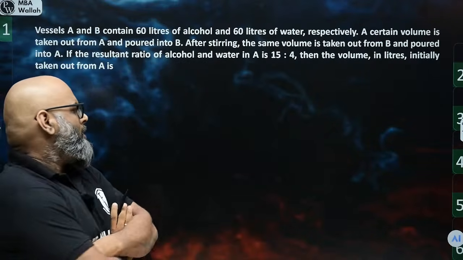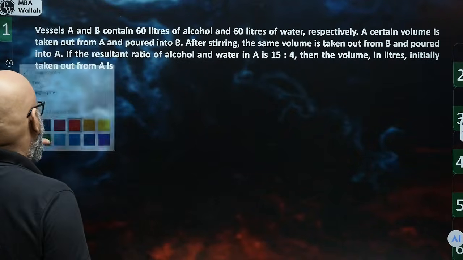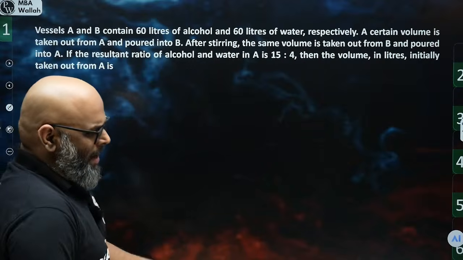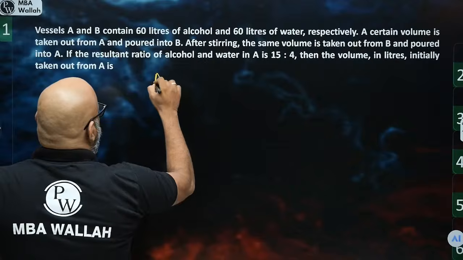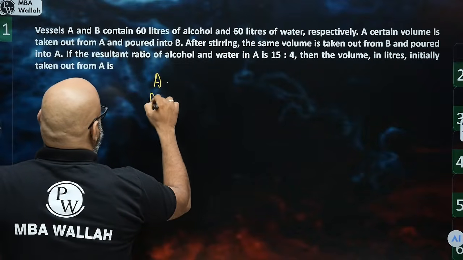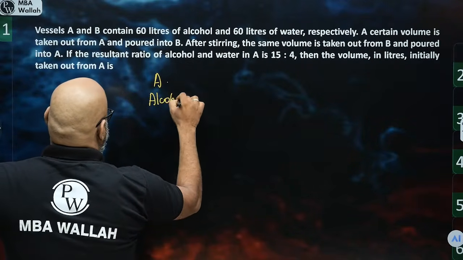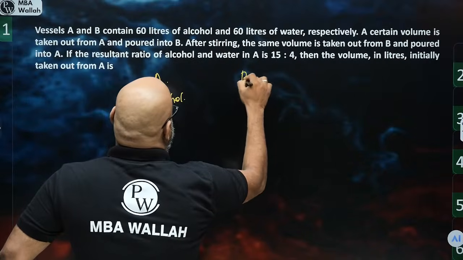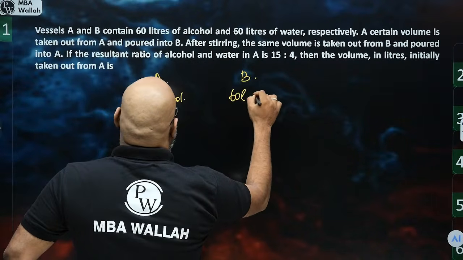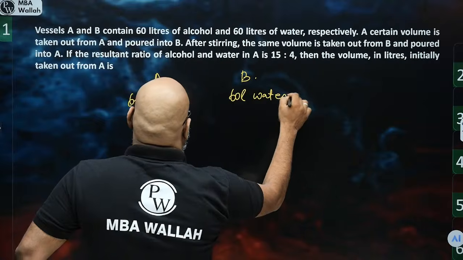So, nice question. Look around this and extract the data that I have. It says that A is filled with 60 liters alcohol. B is filled with 60 liters water.